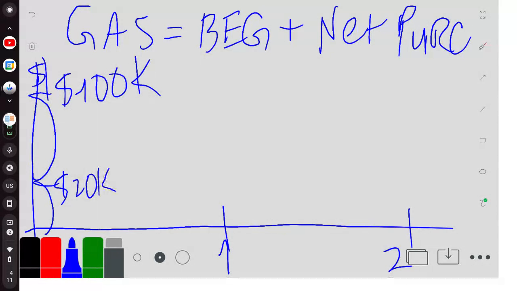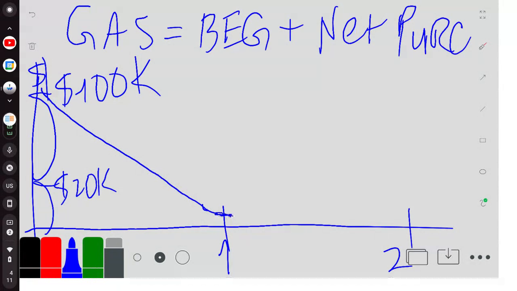So if things go well as planned, as the predicted scenario, we will be selling all of that by the end of the quarter, right? This inventory level will be depleted to zero by the end of the quarter if we sell it all. But we may not.